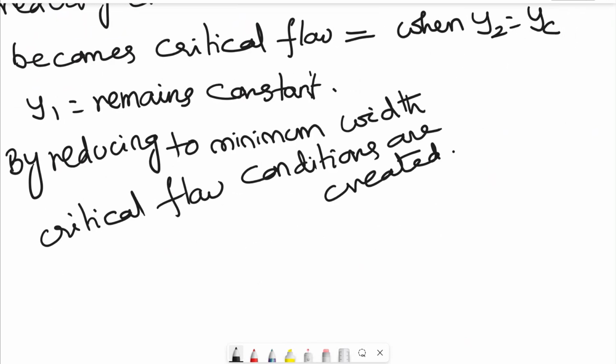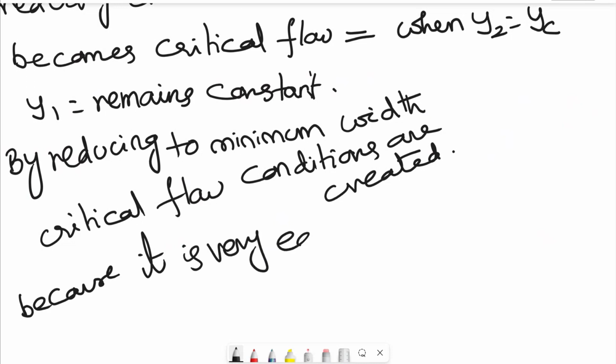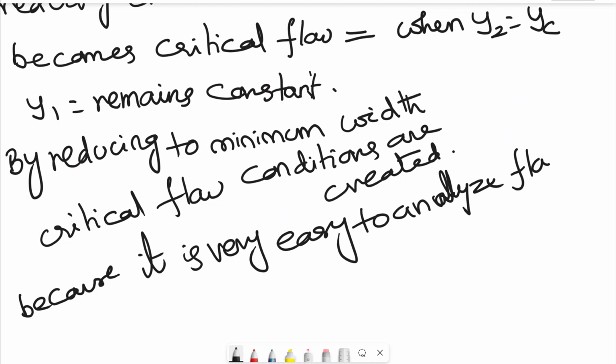You can ask me, why, sir, all these critical flow conditions? Because it is very, very easy to analyze flow at the critical section. Why?